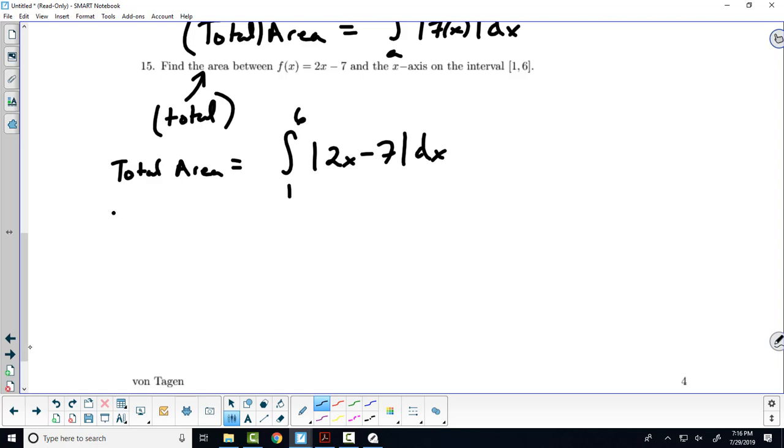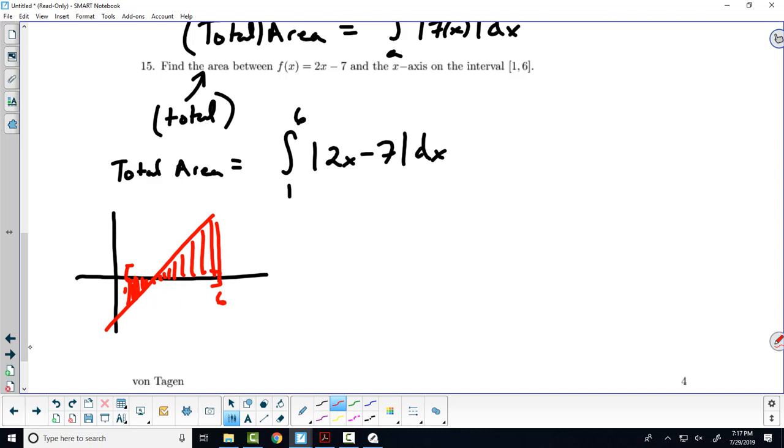So let's take a look. Here's the graph of this function, and we're looking at it from 1 to 6. We want to compute this total area, not net area, right there. So what do we need to decide? Well, I'd like to say, if this expression's positive, leave the sign alone, and if it's negative, change the sign.